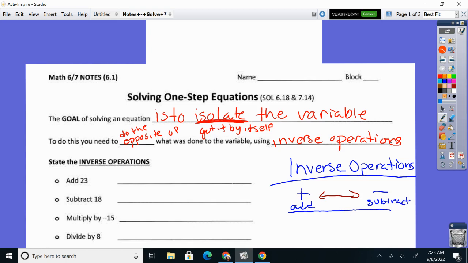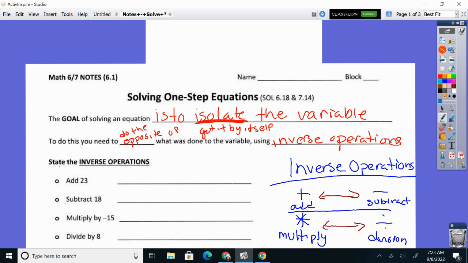That's the inverse, okay? And so then if I am multiplying, I'm going to use a star for multiplication because I cannot stand the X to multiply. The opposite of that would be division. Okay? So those would be the inverse of each other.